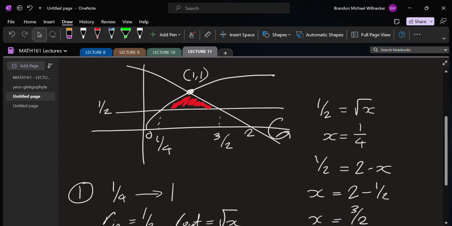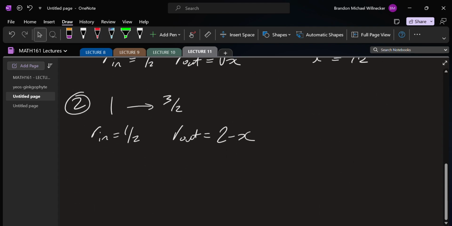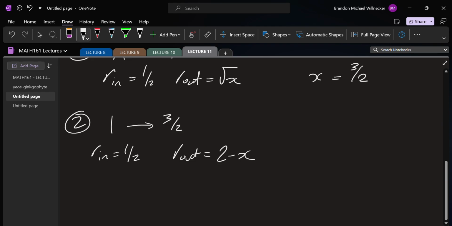Let's quickly sketch what this will be before we do the calculation. So the R in is constant along there, so that's going to end up being like a cylinder. And then the outside part is going to be determined by that root x and the line. So it will be something like this. So root x there, and then a straight line. That's going to be the inside part of the cylinder.